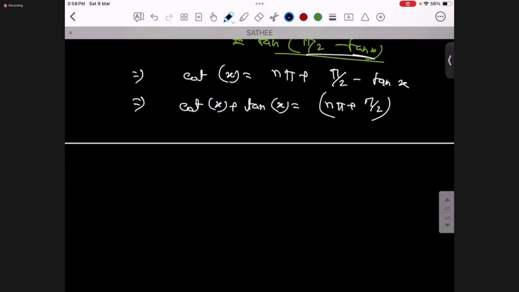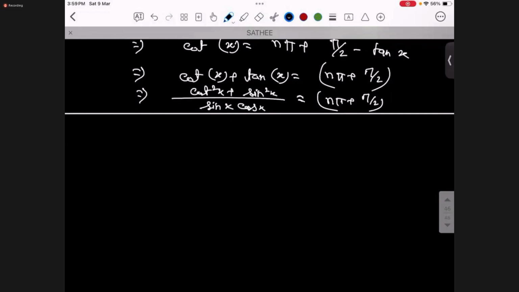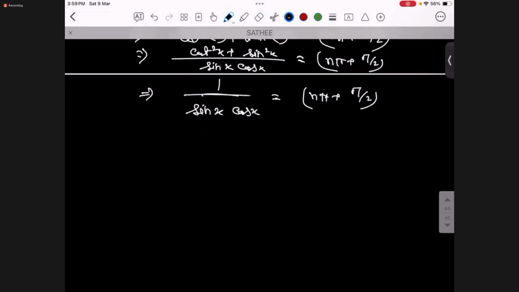Now, how can we write this thing? The lower term will be sin x cos x, and the upper term will be cos square x plus sin square x, which will give us 1. And this will give n pi plus pi by 2. Now, this will give us 1 divided by sin x cos x equals n pi plus pi by 2.